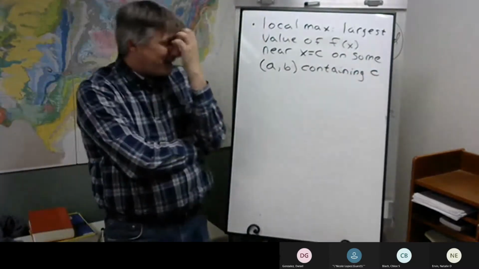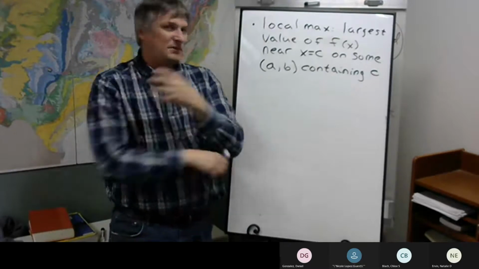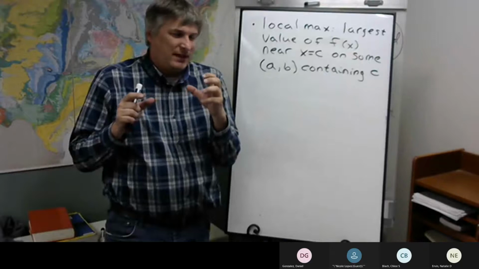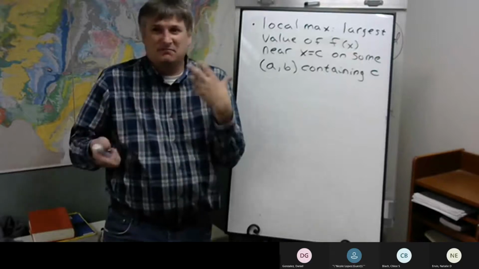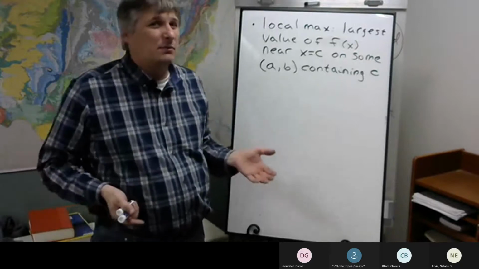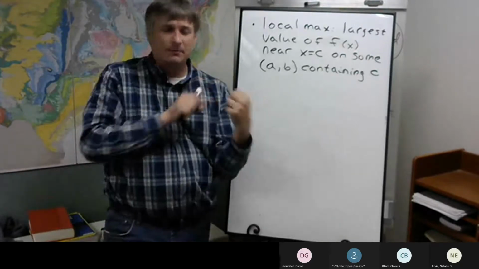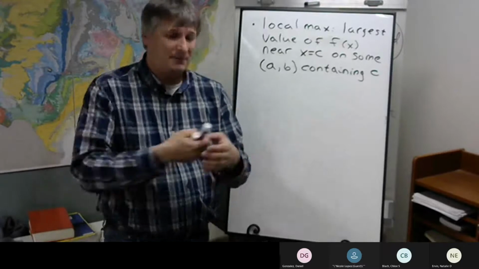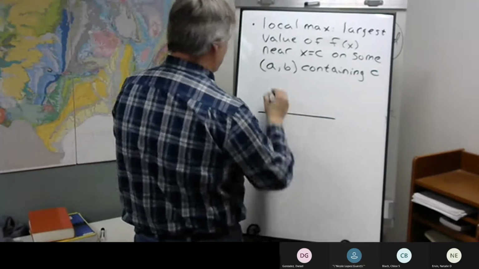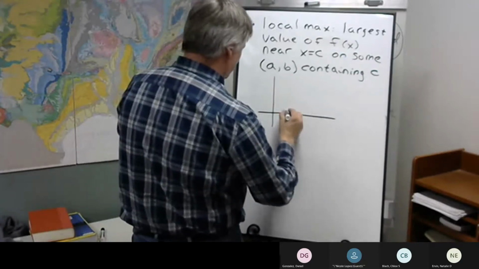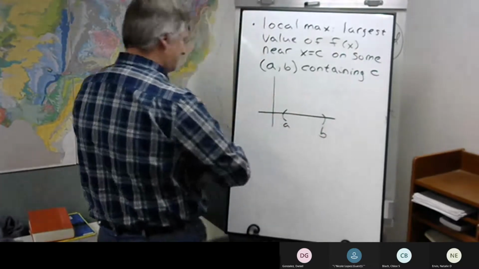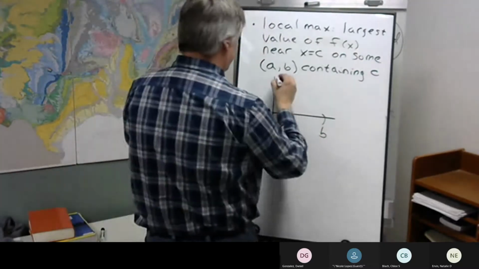So we're talking about local max and local min. We're just basically saying if we're kind of close to x equals c, well, f of c is going to be bigger than all the nearby points. That's all we're saying. It's really not too different from what we're doing with the closed interval, though there is a difference, and we'll talk about that in a bit. So what this might look like. There's A, there's B. They'll look pretty much the same.